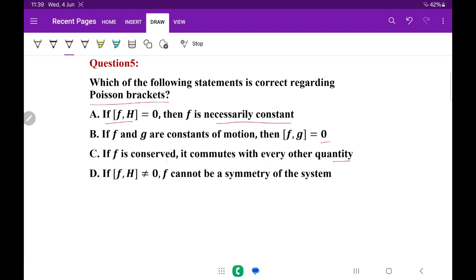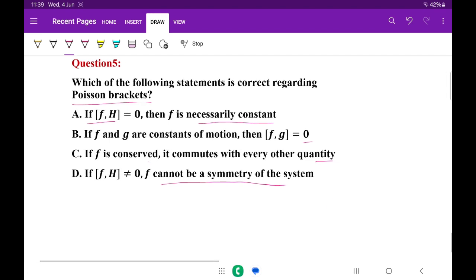D, if f comma g is not equal to 0, f cannot be a symmetry of the system. This is a bit of a theoretical question. You have to think about it logically. Option A is not necessarily correct.